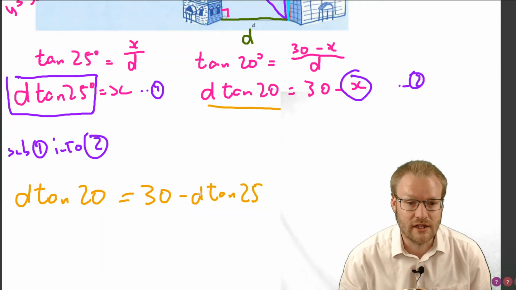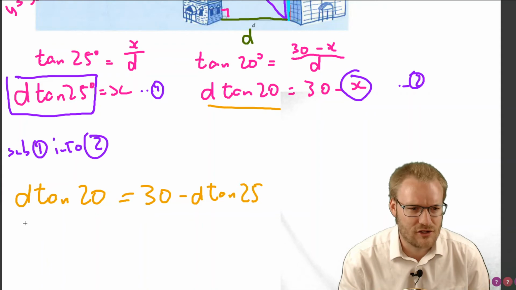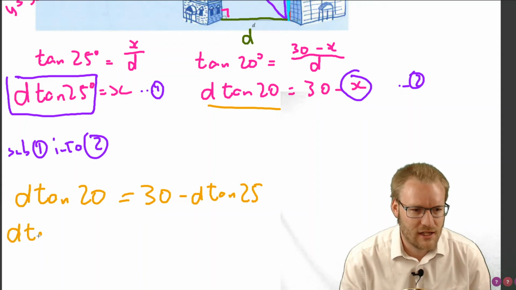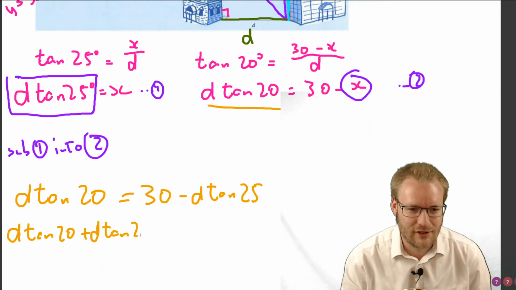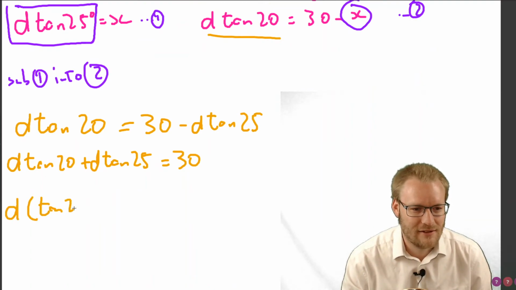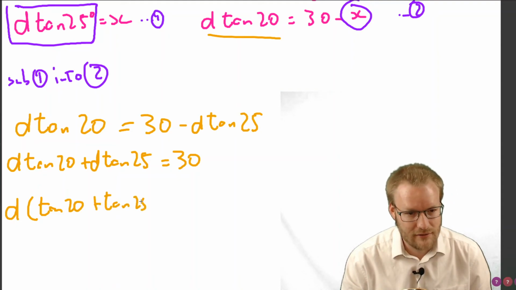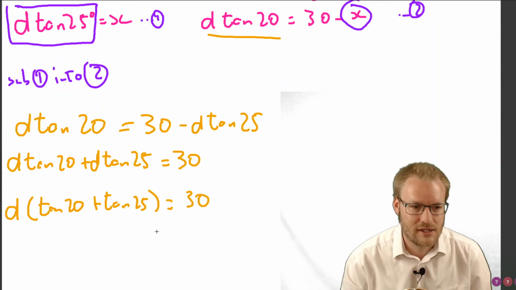I'm just going to quickly hit pause, solve it, but I'm going to solve it here in the background too. d tan 20 plus. Gotten quite used to having the music while doing this. Kind of feels weird not to have it. Okay, d common factor, tan 20 plus tan 25 equals 30.